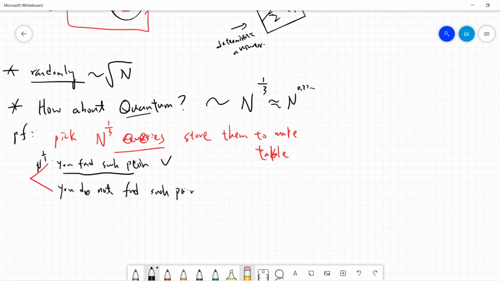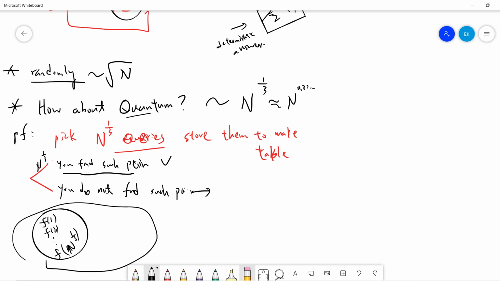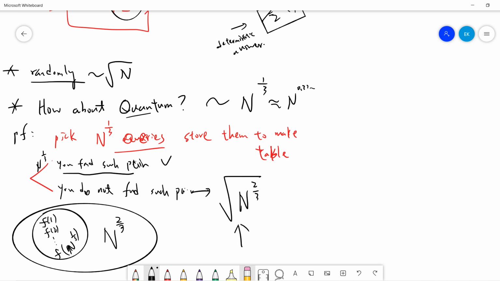But there is some probability that you do not find such a pair. If you do not succeed, that means you have a table that basically contains f of 1, f of 2, up to f of n to the 1/3, and for the rest, roughly n to the 2/3, you take a square root Grover speedup. You use Grover search where your indicator function is that if you pick any one of them and it is the same as one in the table, then you stop.